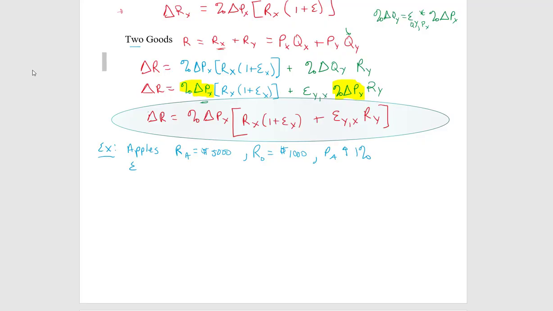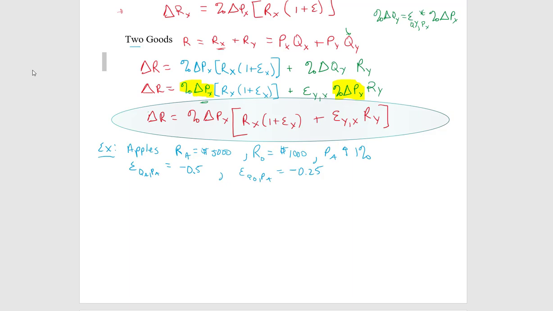And then we have to have our two elasticities. So the elasticity of the quantity of apples with respect to the price of apples, or the own price elasticity, is minus 0.5, and the elasticity of oranges with respect to the price of apples is minus 0.25.